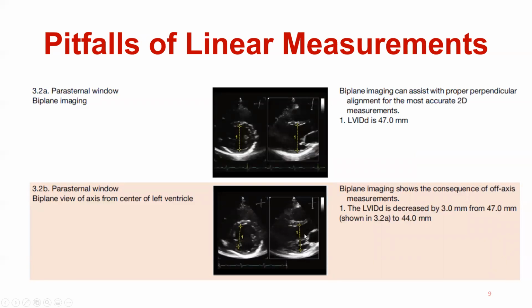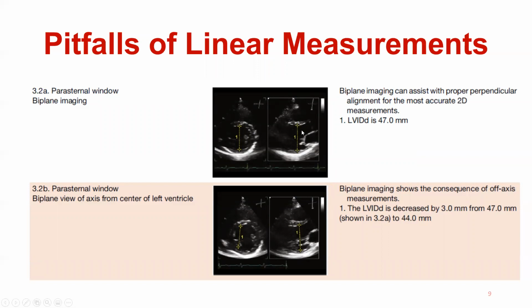For example, this dimension here is smaller than the maximum dimension obtained in the upper panels, and that is because the measurement is made off axis. So again, I'm not recommending that you do this on a routine basis, but if there's ambiguity or if you're particularly facile with biplane measurements, it can be helpful in reproducibility and getting accurate chamber dimensions.